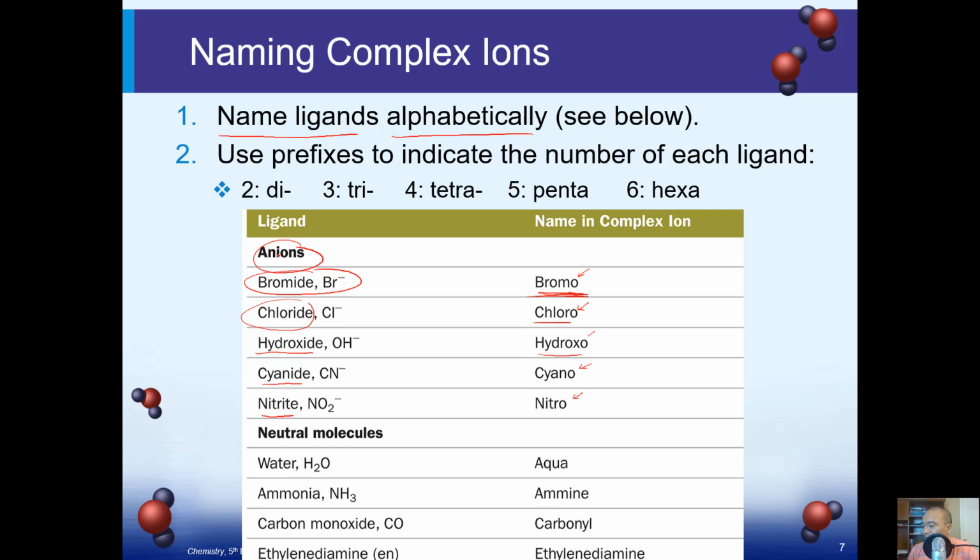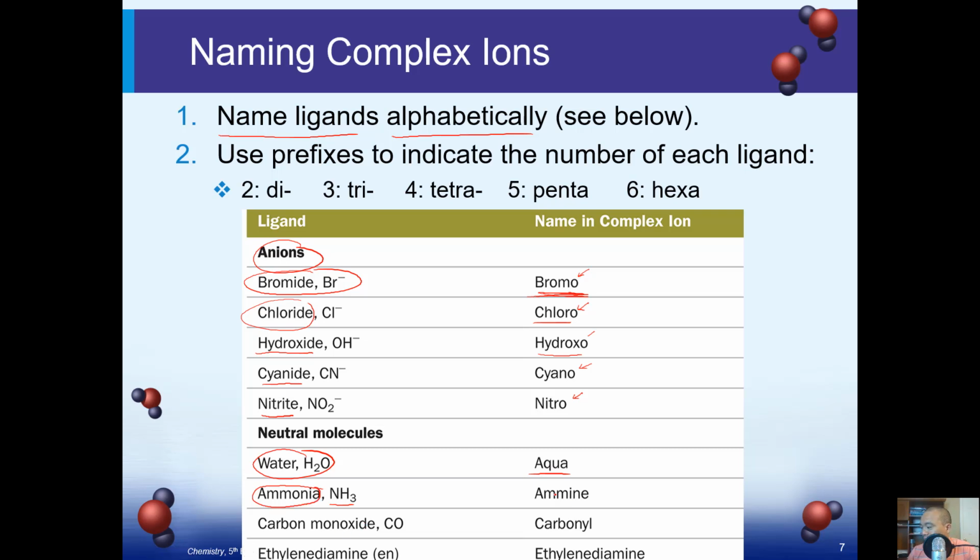And for neutral molecules, you need to actually memorize these things because you'll be asked to use these names in the naming. For neutral molecules like water we call that aqua. And NH3, which is ammonia, for the neutral molecules.